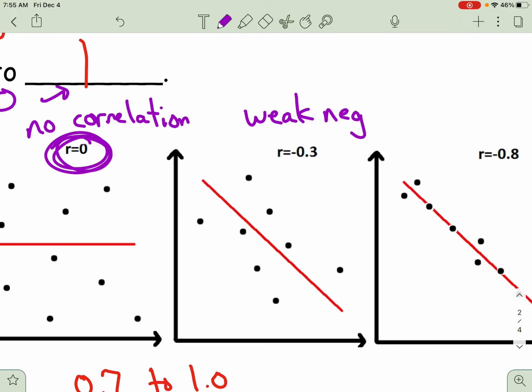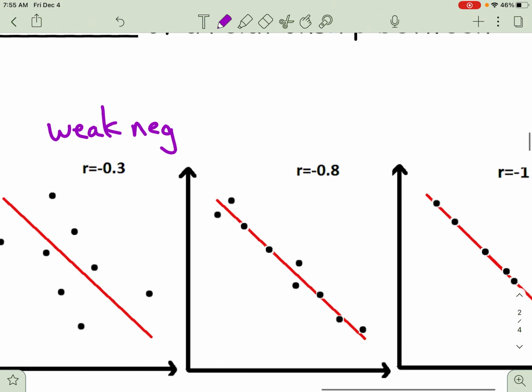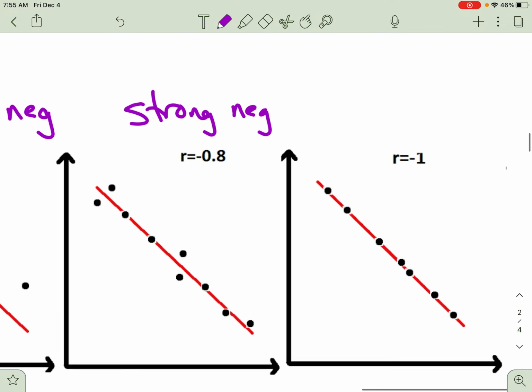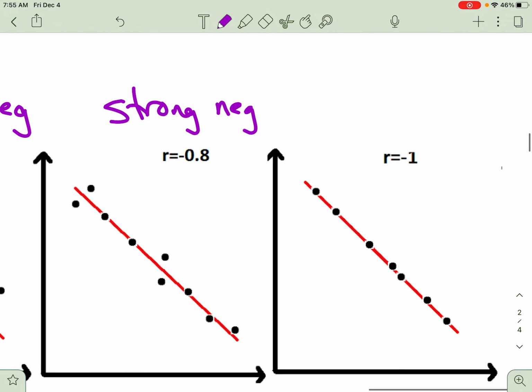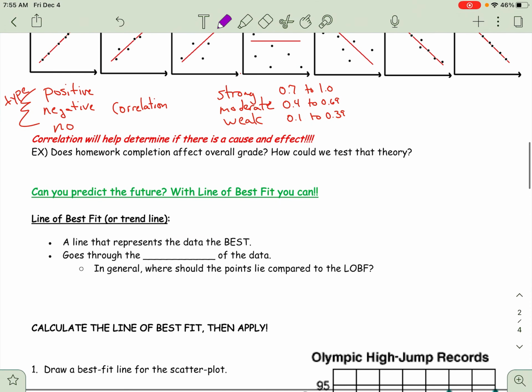It means that there could be a negative correlation, but it's pretty weak. We aren't able to use that as evidence. -0.8 is a strong negative, which means they're definitely related. One thing causes the opposite of the other. And -1 is very strong as well. Strong negative.